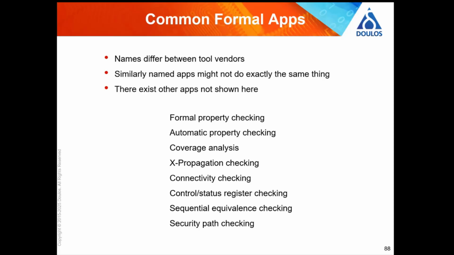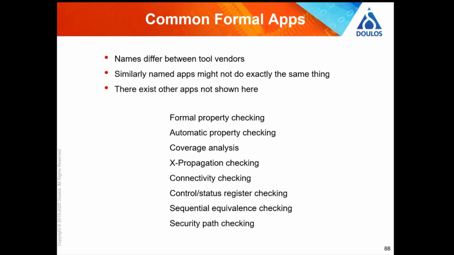You can get an app that automatically generates properties based on your source code. Sounds very incestuous, actually isn't. It does things like checking array bounds and overflows. There's coverage analysis. So not, did I execute this line of code, but is it even possible to execute this line of code? If it's not, probably you've got a problem.